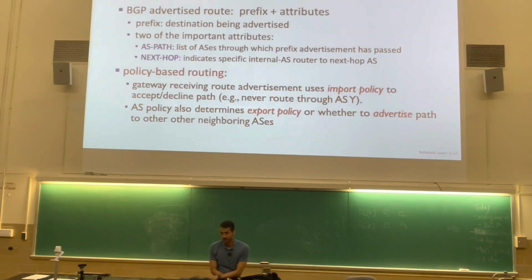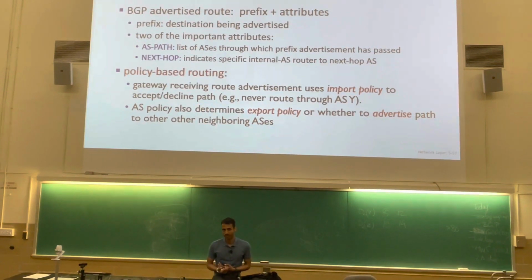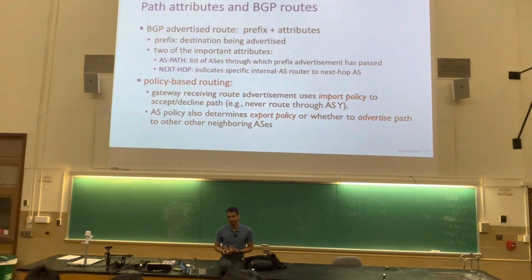What are the properties in these routes? These routes carry a bunch of information, of which these are some of the most important pieces. Every route will carry a prefix, the destination that is in question. The route is to reach some destination. And these are two of the more important attributes, though not the only two: AS path and next hop.